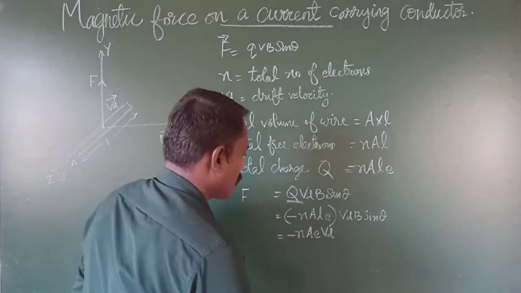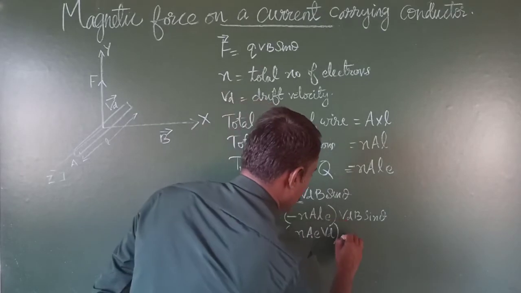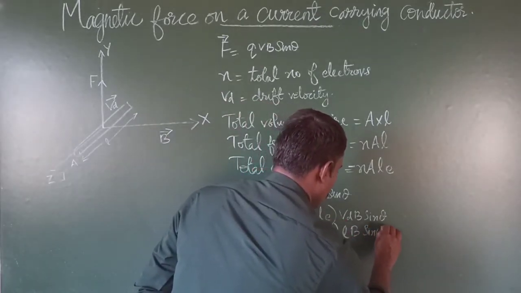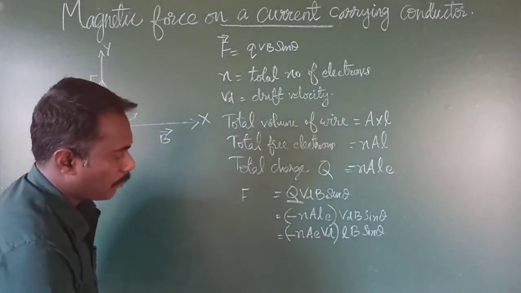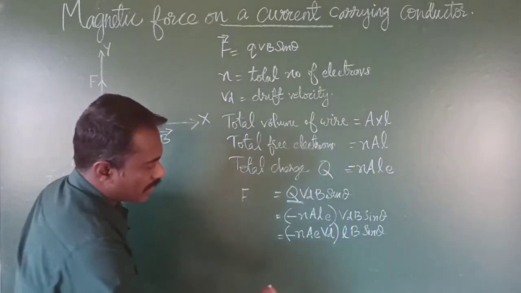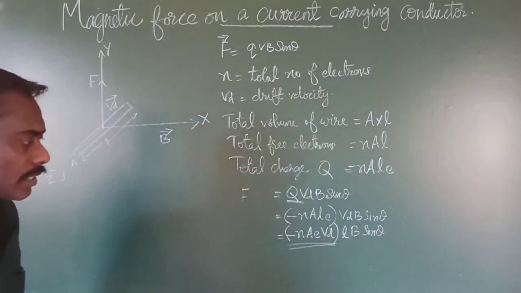Here minus n A e Vd can be written together, and what remains is L B sin theta. The term minus n A e Vd is the total current flowing through this conductor.